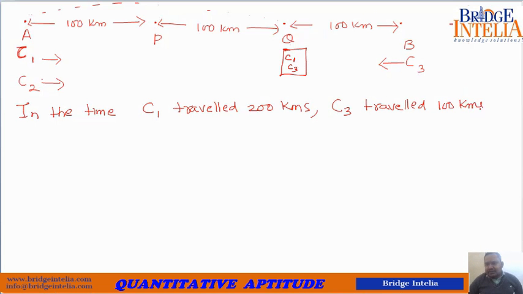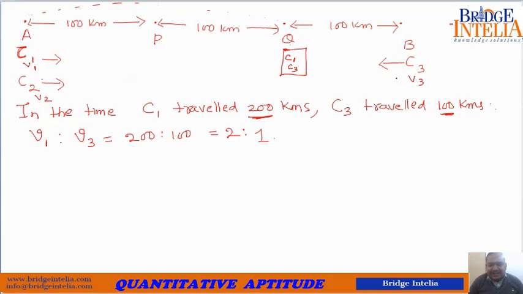Let the speed of car 1 be V1, speed of car 2 be V2, and speed of car 3 be V3. From here it is very clear that V1 is to V3 is equal to 200 is to 100, because the ratio of speed will be the same as the ratio of distance covered. Who has more speed covers more distance. So it is very evident that this car has covered twice the distance as compared to the second one, so in the same ratio, this is 2:1.